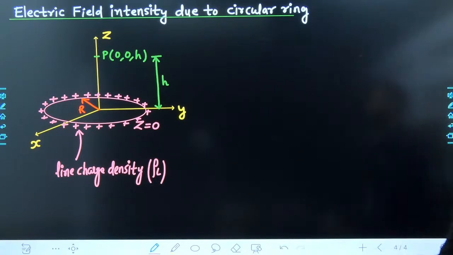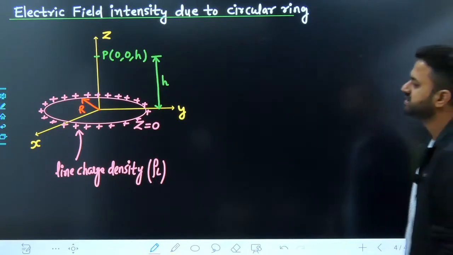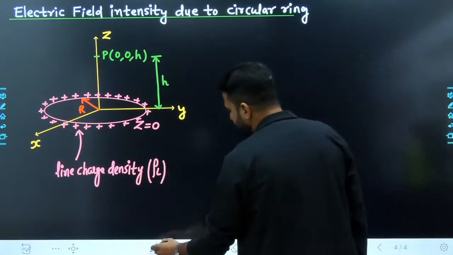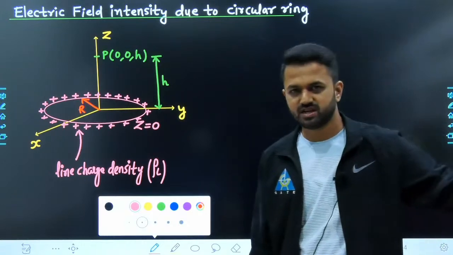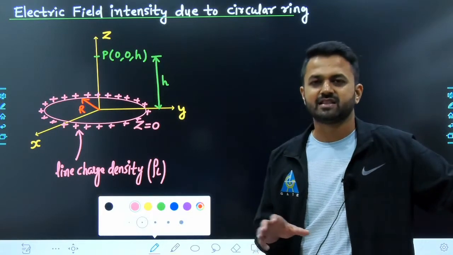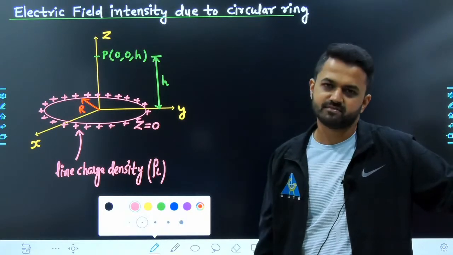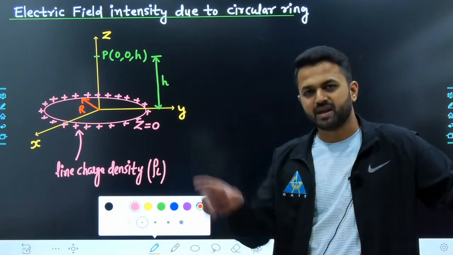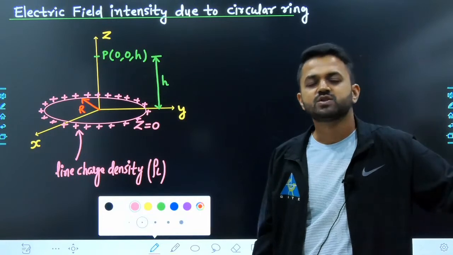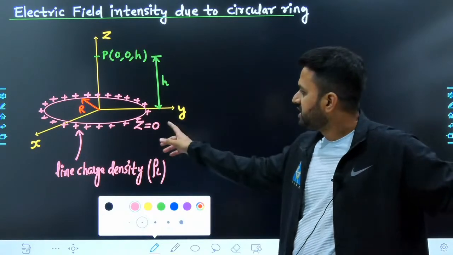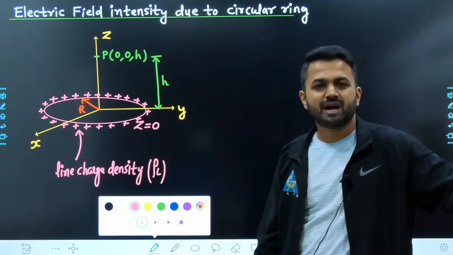So if you want to calculate the electric field, again you have to select the differential length, because this is in the form of a finite length line charge. If you have a finite length, you can make a circle from it. You can make the circle from the finite length line. It is defined by the line charge density.